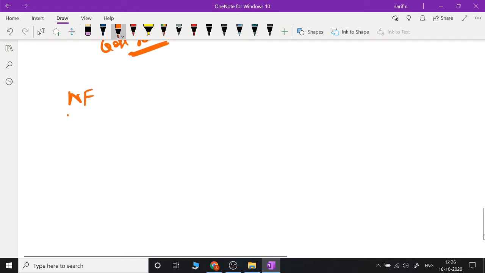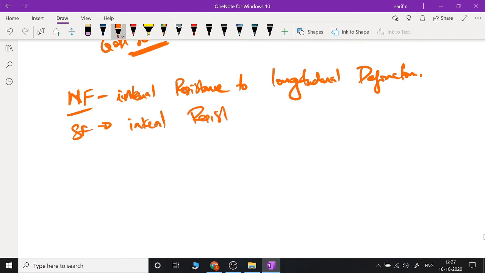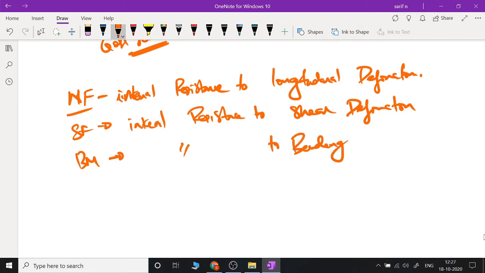So basically normal force is the internal resistance to longitudinal deformation. Similarly, shear force is internal resistance to shear deformation, and the last one is bending moment. So that is again internal resistance to bending deformation.